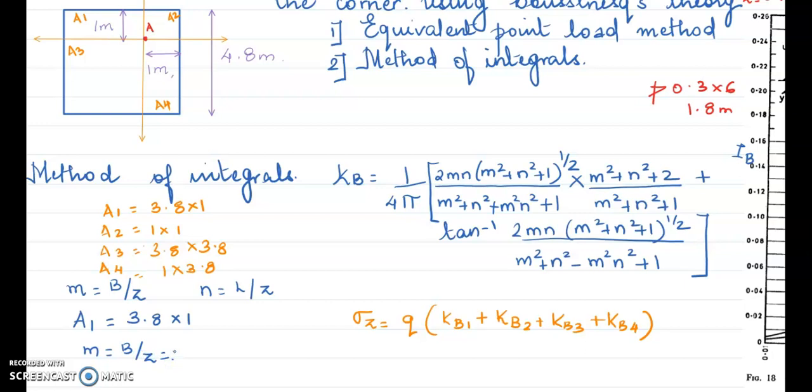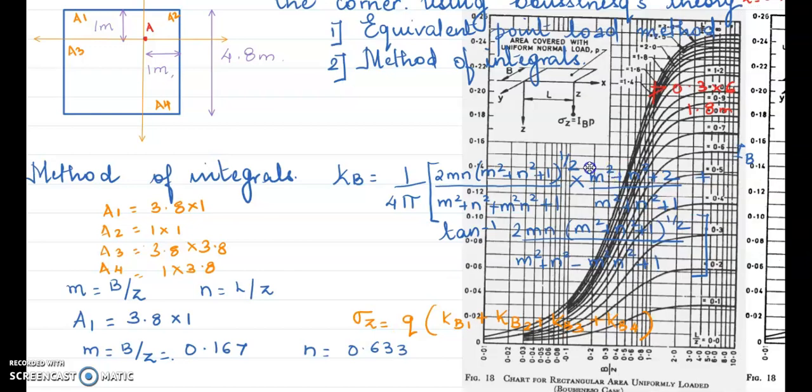So 1 upon 6, so M becomes 0.167, and N becomes the larger value, so 3.8 by 6. Why 6? 6 is the depth. Z is given to you as 6. So N becomes 0.633. Okay.